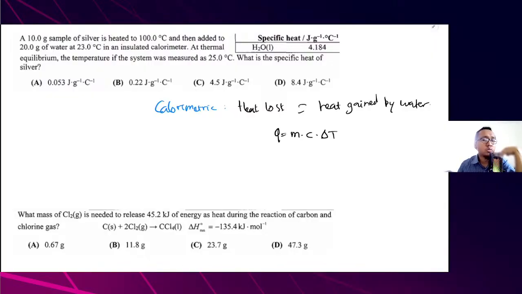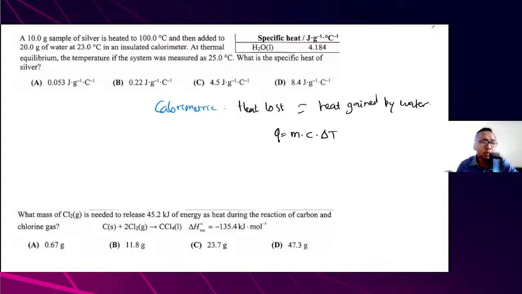Hopefully we do not get that kind of problem. This is a closed system, right? Q equals MC delta T. Let's set it up step by step.